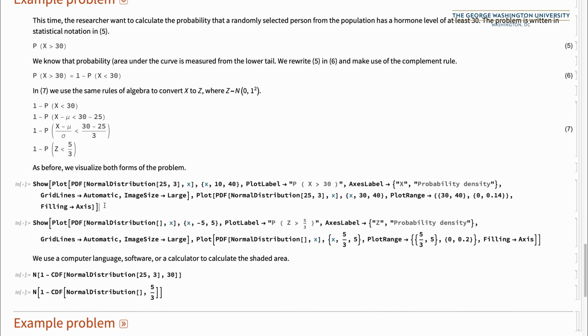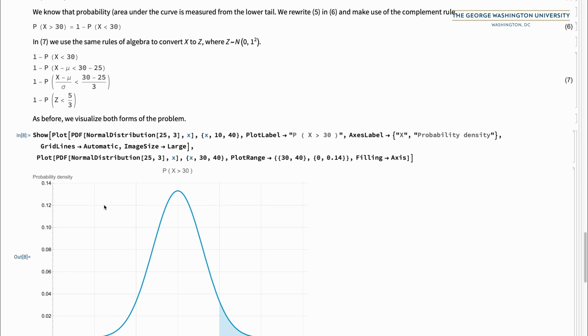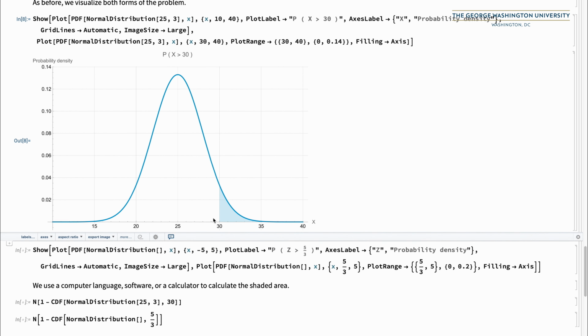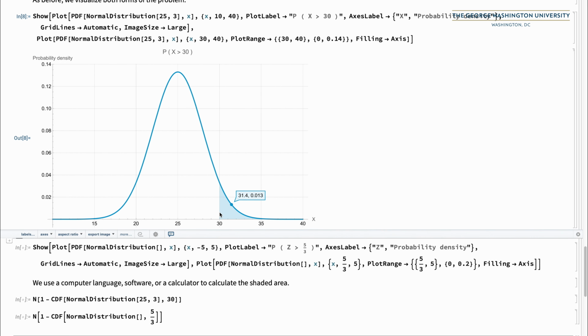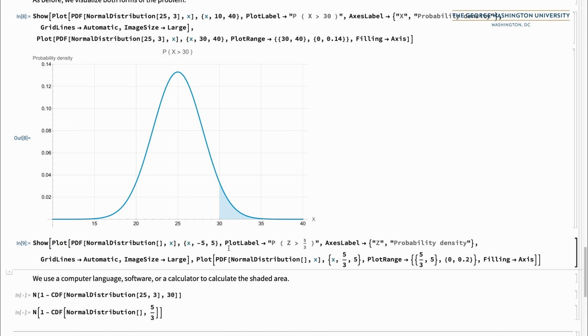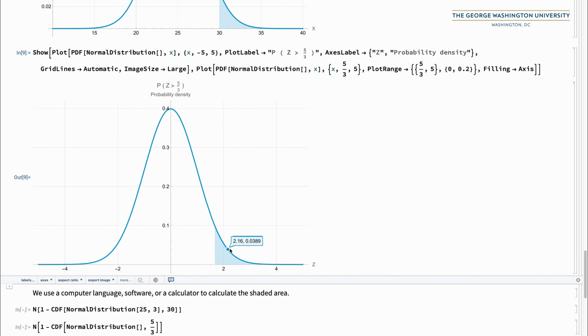Let's visualize that, both in terms of our random variable, the probability that X is 30 or more, and remember, that's totally disjoint from this 30 or less. If I calculate negative infinity to 30 and subtract it from 1, then I'm left with this blue shaded area at the top. If I use 5 over 3 and the Z, this is what that looks like.